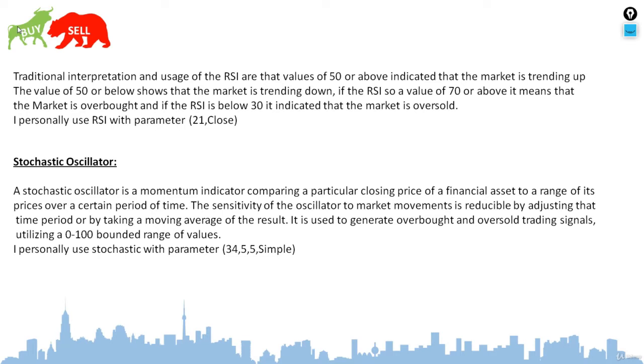It is used to generate overbought and oversold trading signals, utilizing a 0 to 100 bounded range of values. I personally use stochastic with parameter 34 period, parameter K 5, parameter D 5, and simple.